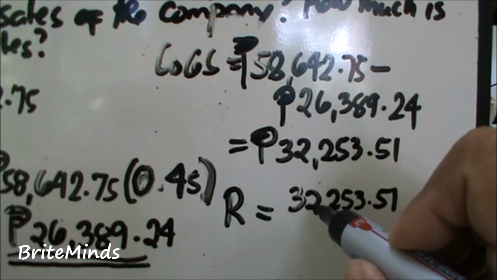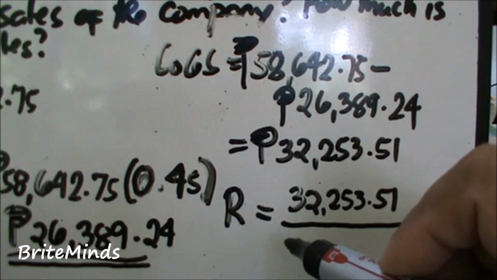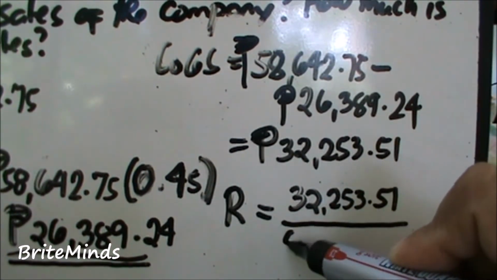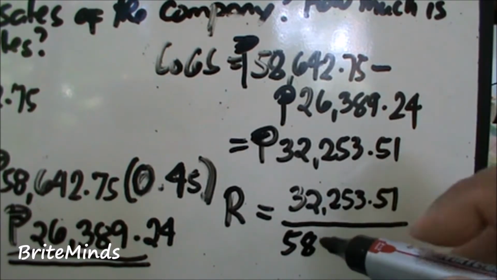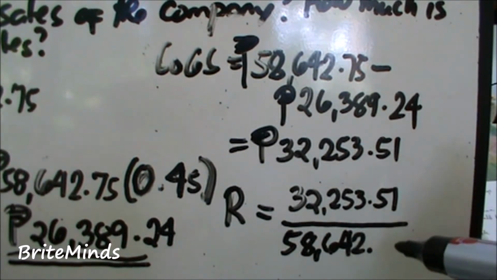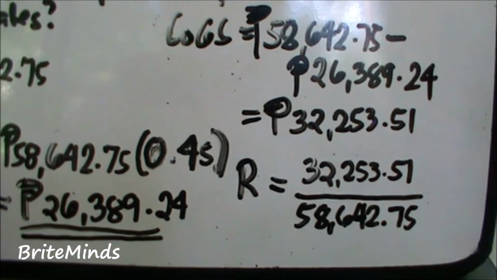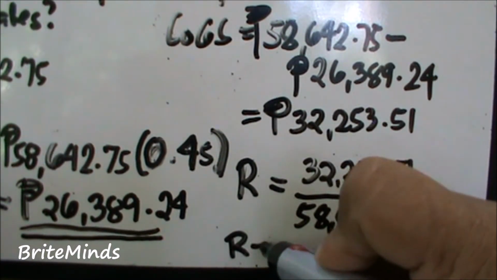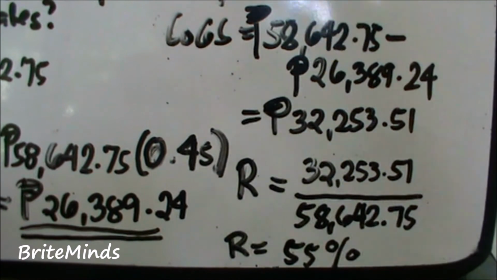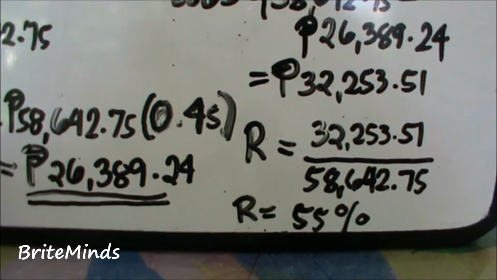This is the cost of sales divided by the gross sales, which is 58,642 pesos and 75 centavos. Okay, so we come up with the rate of 55%. It will still be the same.